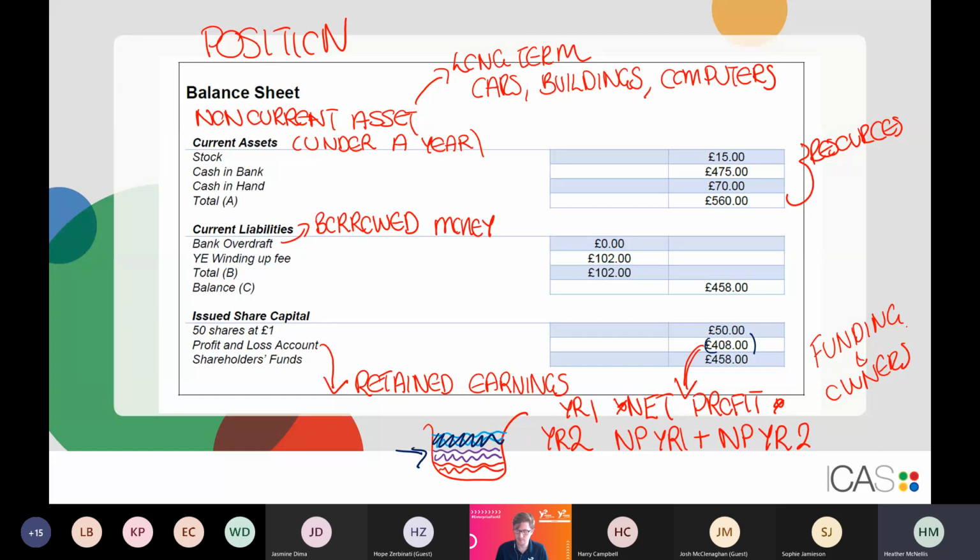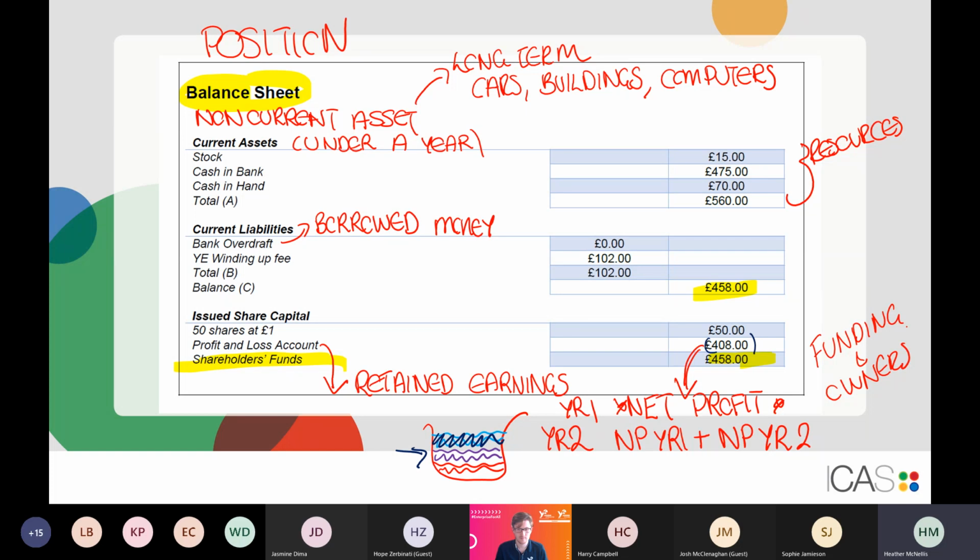And that then totals up to what's called shareholders' funds. And you can see something very interesting here. Remember what this is called? It's called our balance sheet. It's called the balance sheet for a reason, because our current assets less our current liabilities is equal to our issued share capital.